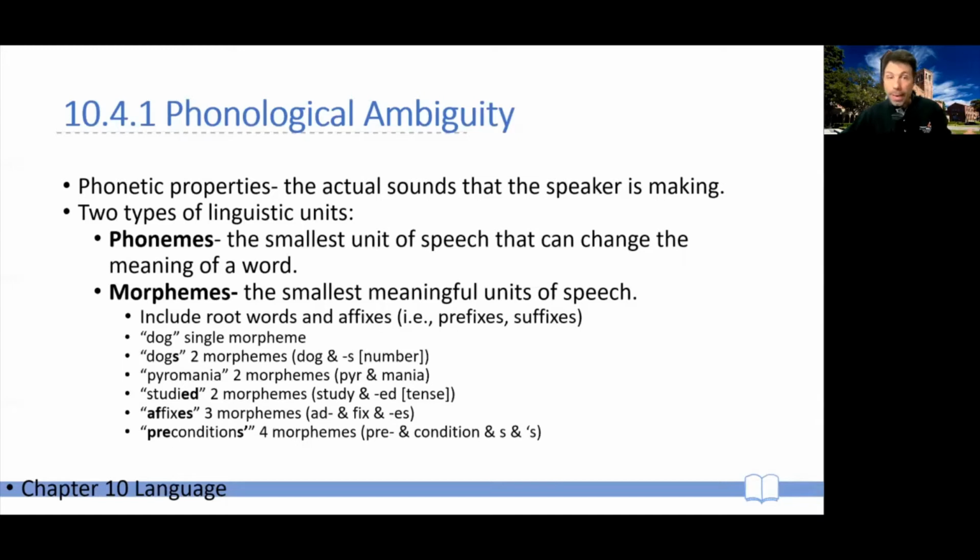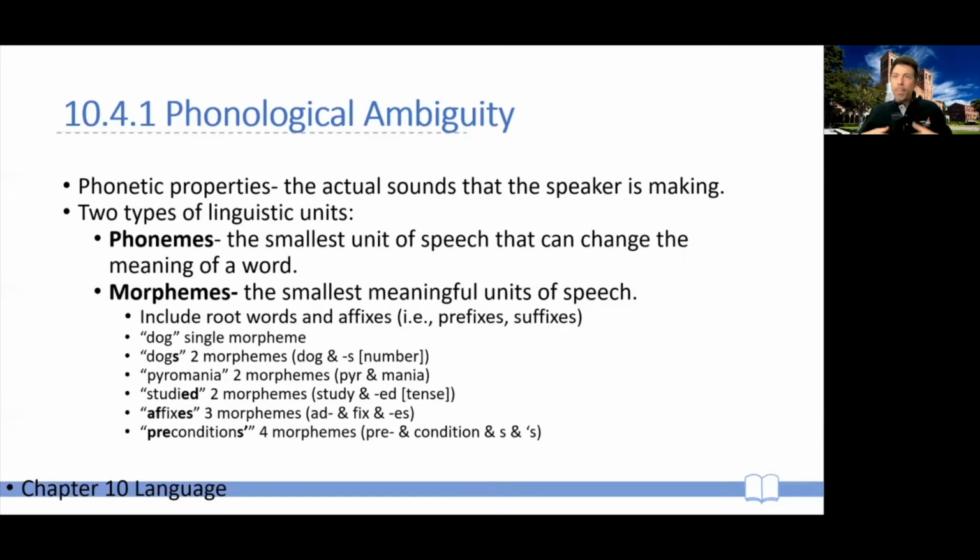The word pyromania has two root word morphemes. Pyro from Greek, purpuros, which means fire, and mania or frenzy. The word studied has two morphemes, a root word study, and a morpheme for tense, ed, for the past tense.